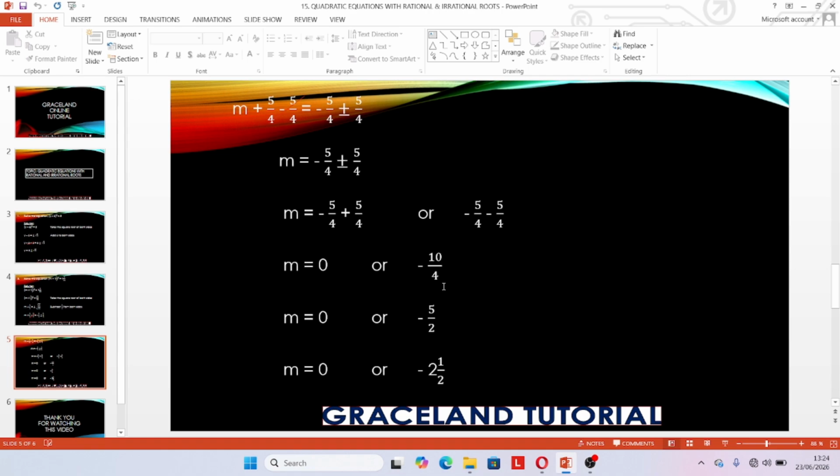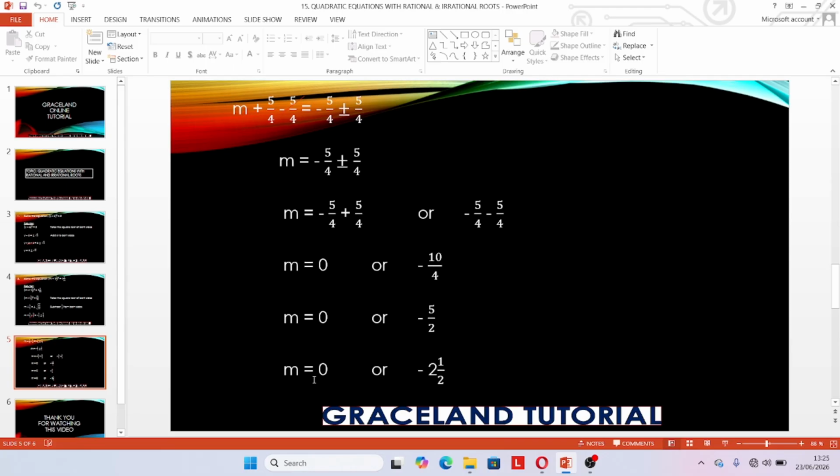Now, we can simplify this further. 2 can go into both the numerator and the denominator. 2 in 10 is 5 and 2 in 4 is 2, so this is −5/2.